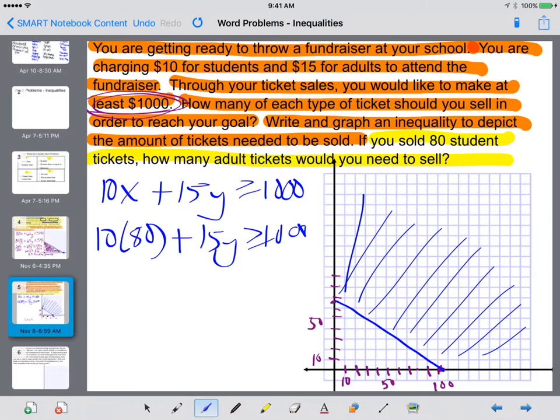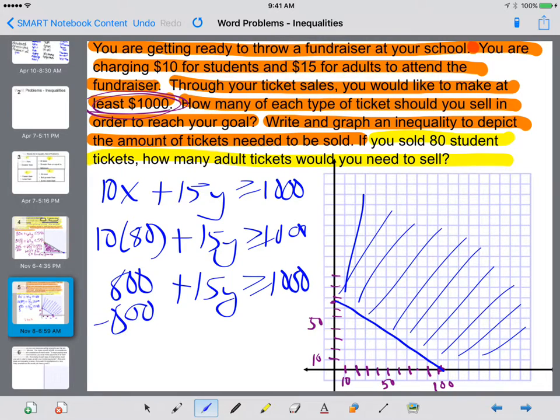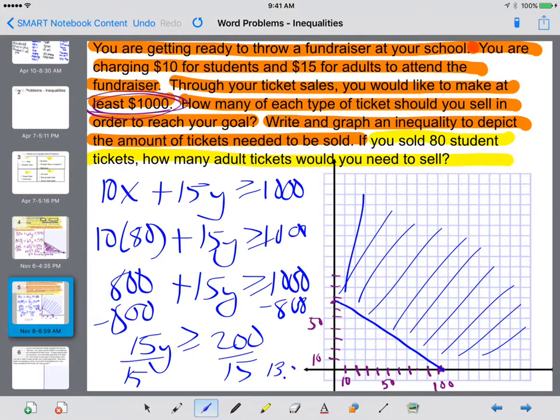Well, 10 times 80 gives us 800, plus 15y ≥ 1,000. We're going to subtract that 800 from our goal, meaning that we have $15 per adult ticket, and we only have $200 more to make. Divide by 15. 200 divided by 15 gives me 13.3.